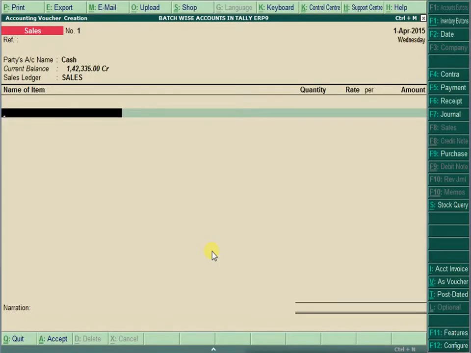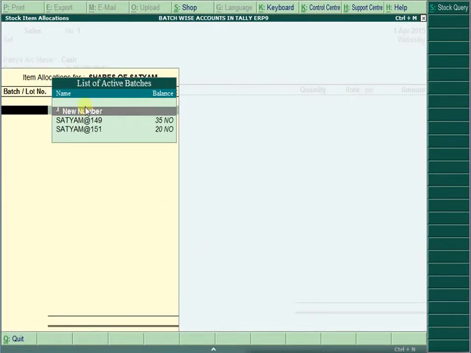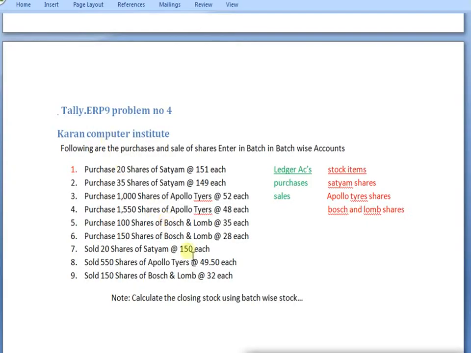Here, select Satyam. Look here, we purchased two times: 35 shares at the rate 149, and again 20 shares at the rate 151. The present market value is 150. We should sell for 150.